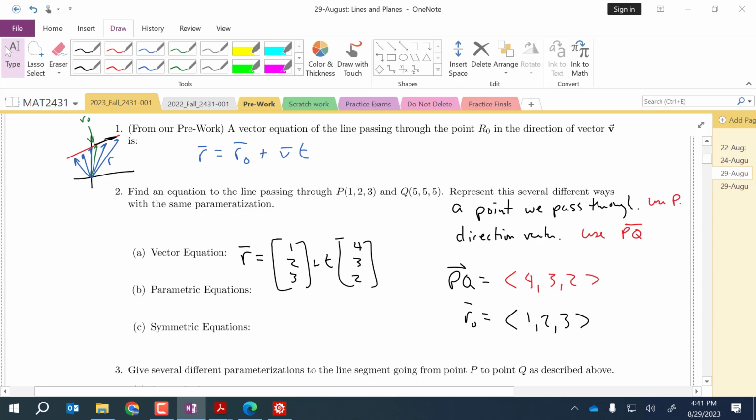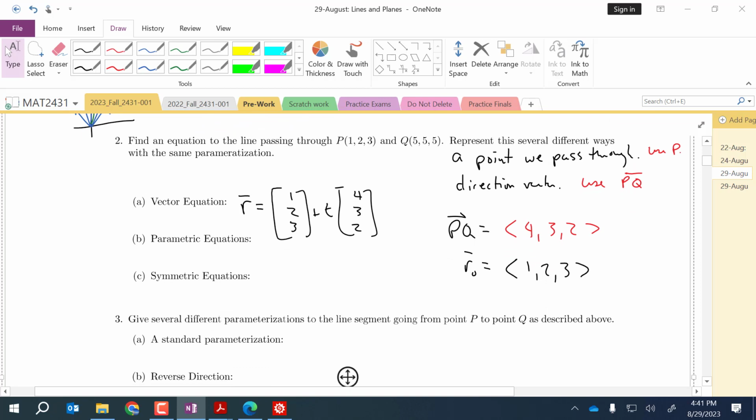If I were to scalar multiply, if I were to elongate this black vector as I'm adding it to this green vector, I'm getting all of the other points on this line. Okay? And so that t allows me to run through all of the other points on this line. So for this parameterization, this would be from minus infinity less than t less than infinity, and that's a way of describing this line here.